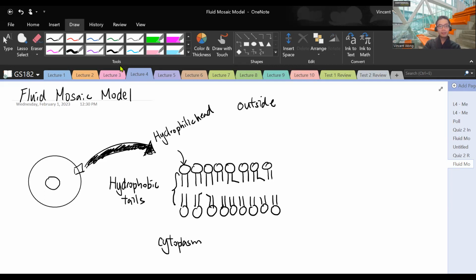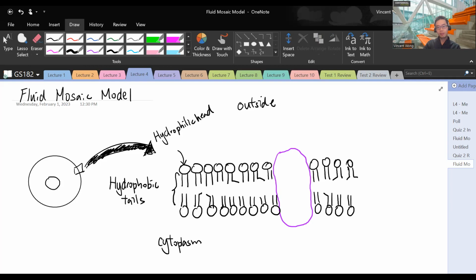Now, every now and then, you might have a protein that goes all the way through your cell membrane. So I'm just going to draw more phospholipids here. Okay, and you can just randomly put some unsaturated ones every now and then.